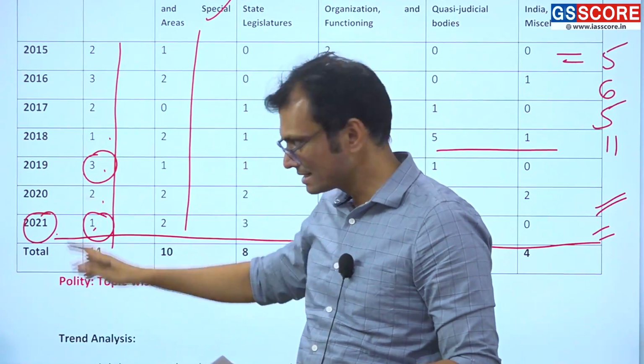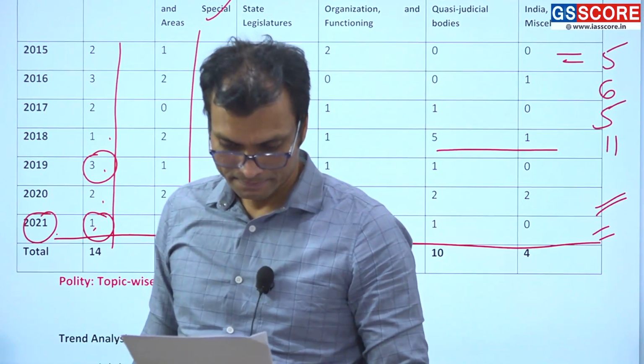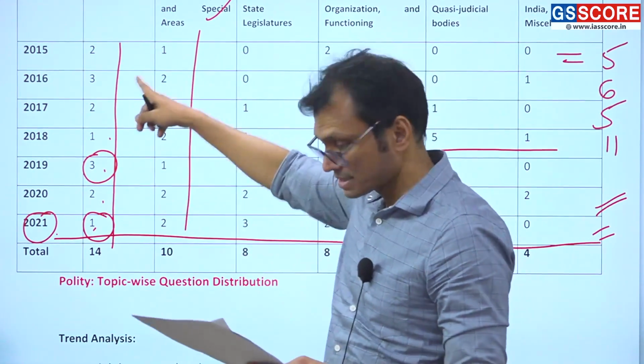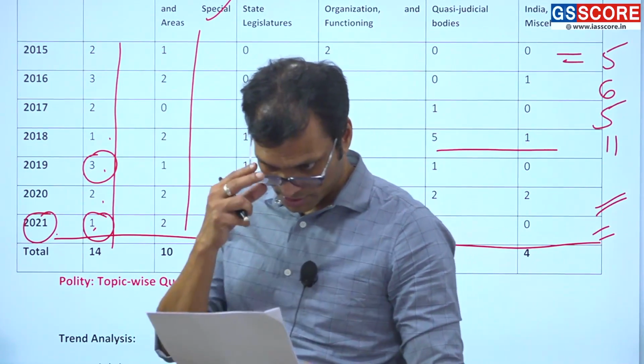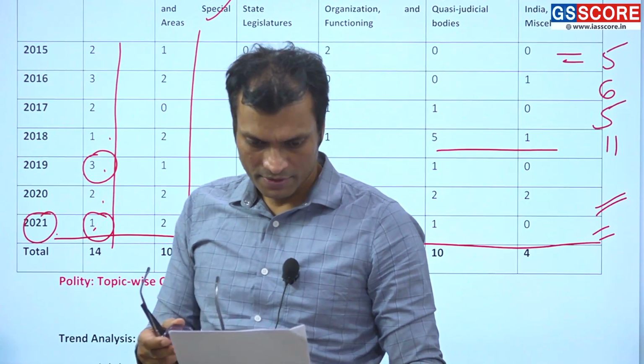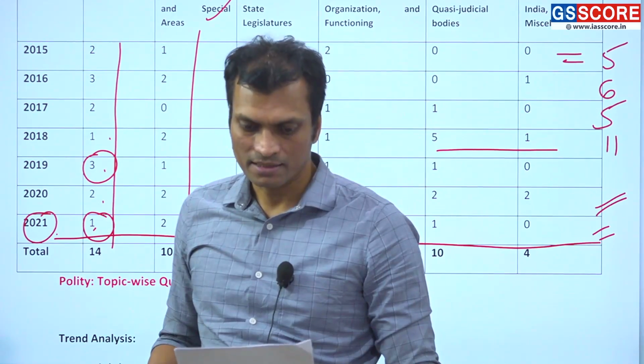So it is there. This time the lottery was for this constitutional morality, right? If we say 2015 had 2 questions, we can find out the questions given here.